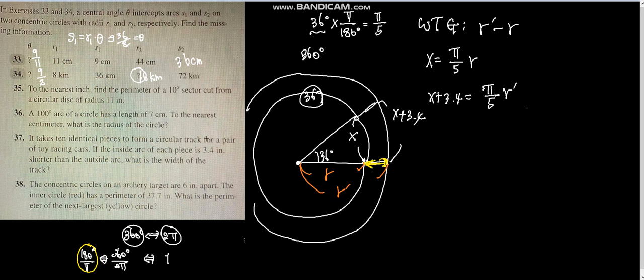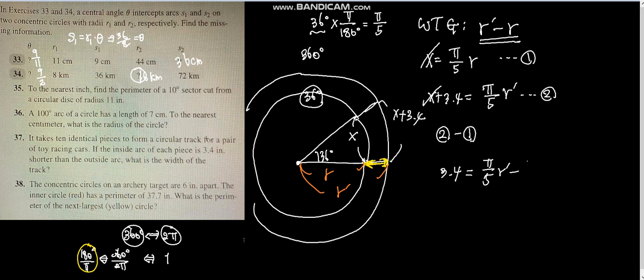But what we need to know is this, right? Let's say this is the first formula, and this is the second formula. Let's do 2 minus 1. If you do 2 minus 1, then you eliminate this, right? Then the left-hand side is just going to be 3.4. The right-hand side is going to be pi over 5 r prime minus pi over 5 r.